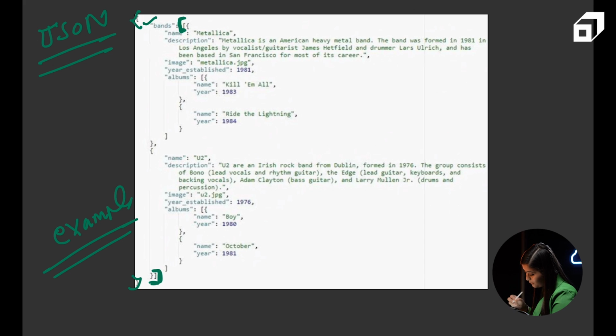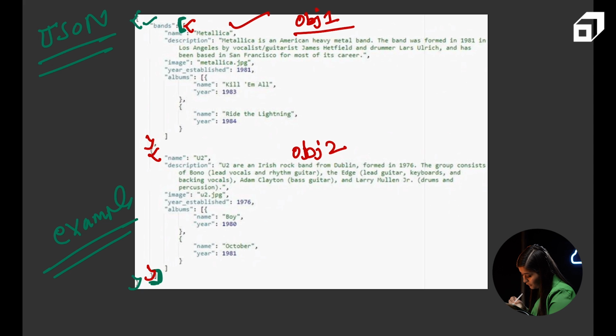Inside the bands array we have two objects, object 1 from here to here, and object 2, this one. In object 1 we have a few parameters like name, description, image. In the same way in object 2 as well, we have name, description, image, year, albums, and so on, right?